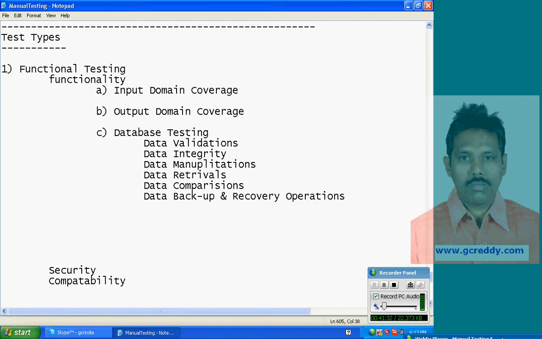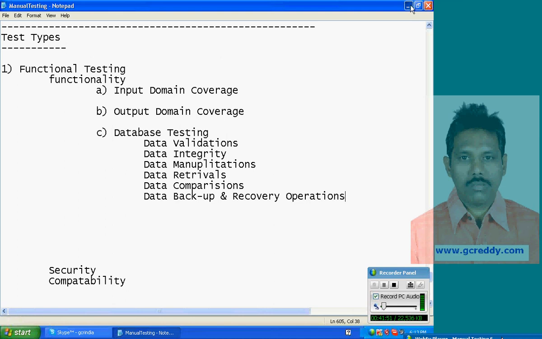Like conditions, I can retrieve that data. You can print that data also, no problem. That is a specific requirement. But backup and recovery means complete data. See, these are the important database operations.